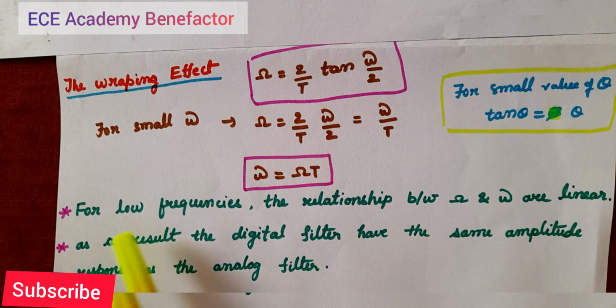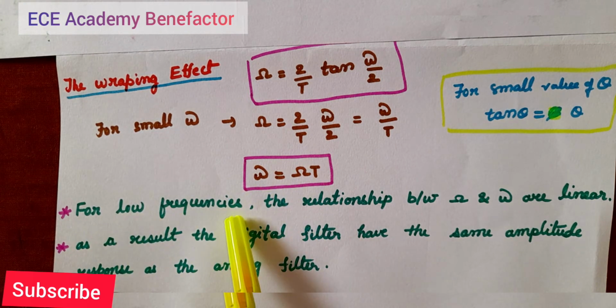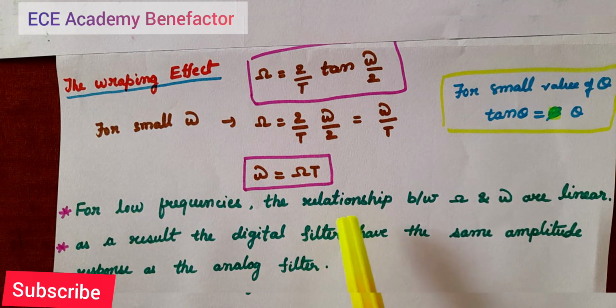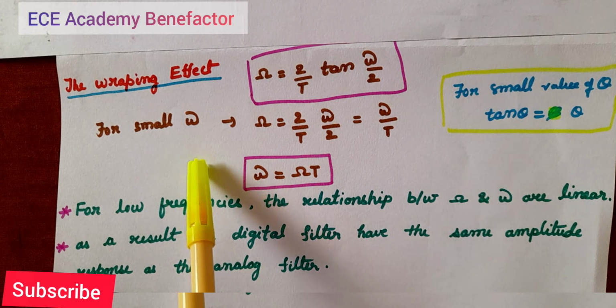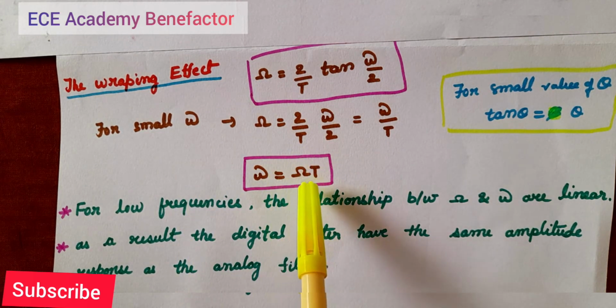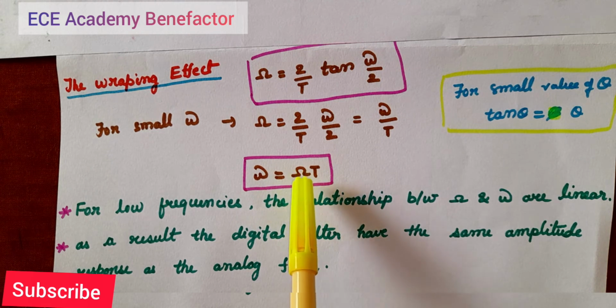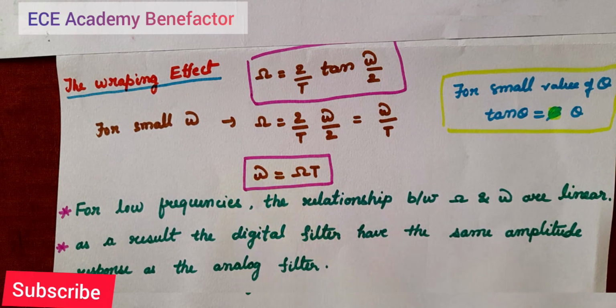So for low frequencies the relationship between ohm and omega is linear. As a result, the digital filter has the same amplitude response as the analog filter.